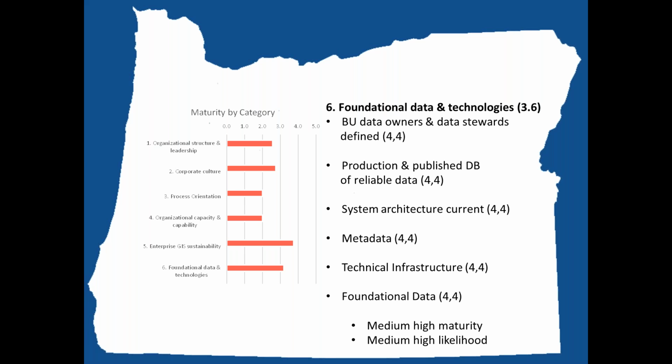Production and published database of reliable data. So again, that's using all our processes we currently have in place, and we are able to publish those through our various web applications. And also in the desktop software, we have what we call the ODOT Toolbar, and that makes all the data available.